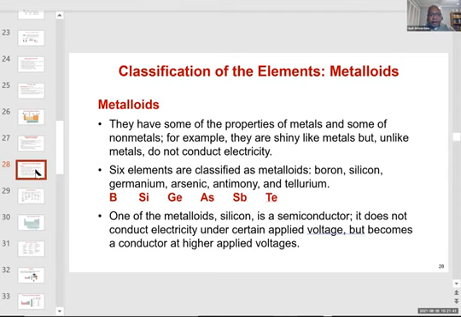Metalloids are the 7 I've said, in the pink boxes in the middle: boron, silicon, germanium, arsenic, stibium, and tellurium. Stibium is the Latin name for antimony.